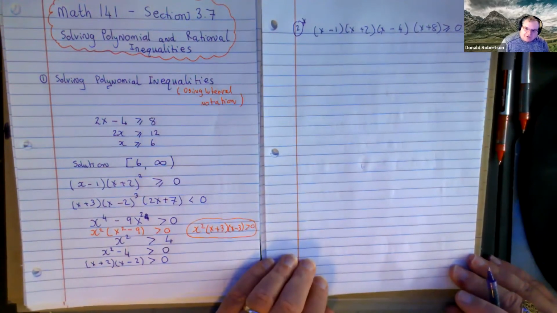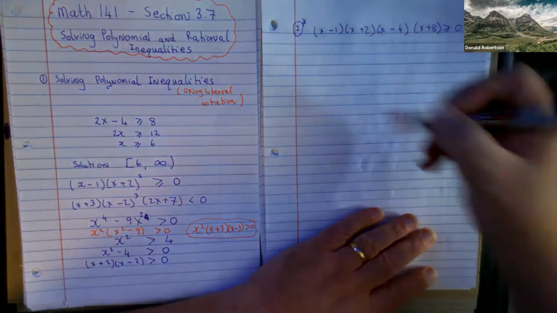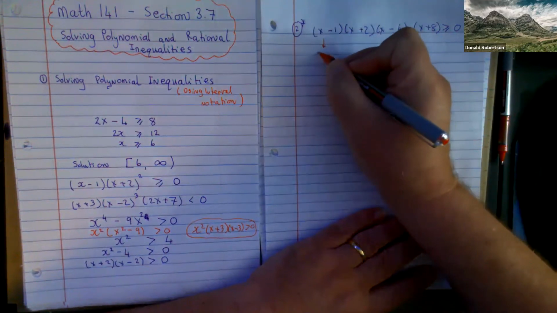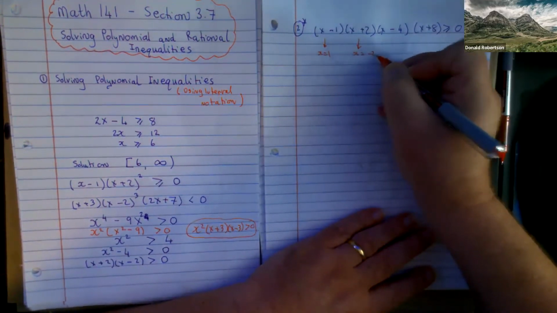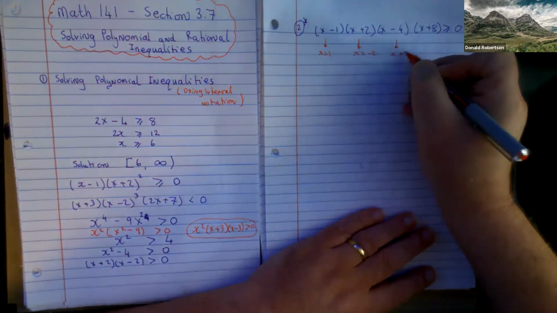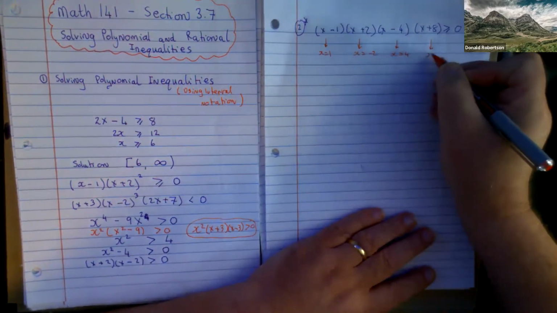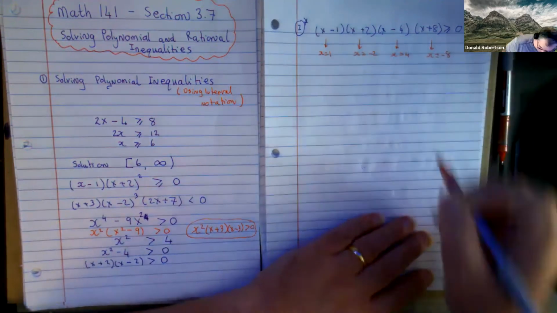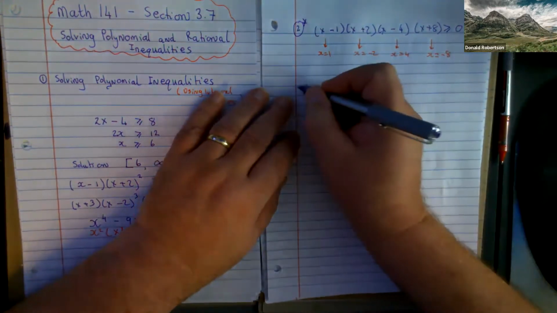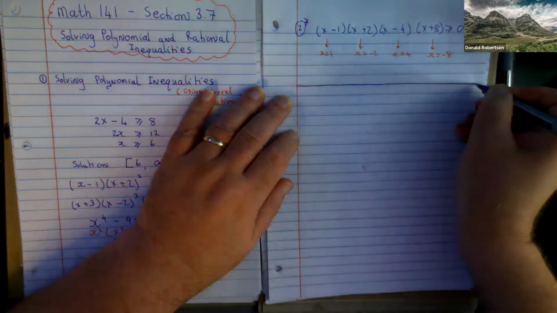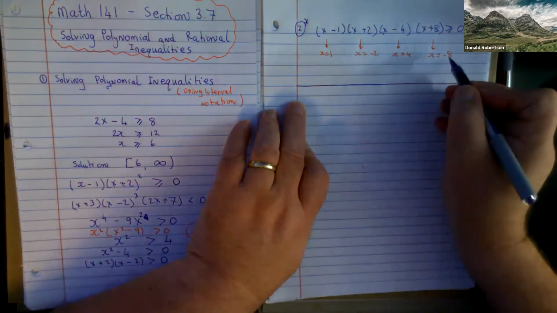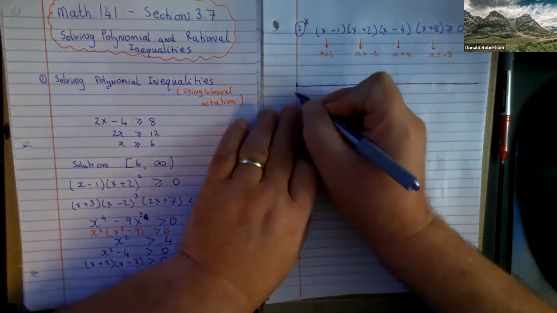Already step 1's done. Step 2 is find the critical numbers. So x equals 1, x equals -2, x equals 4, and finally x equals what? -8. So I'm now going to do a number line, and I know I need to at least have -8 in it.